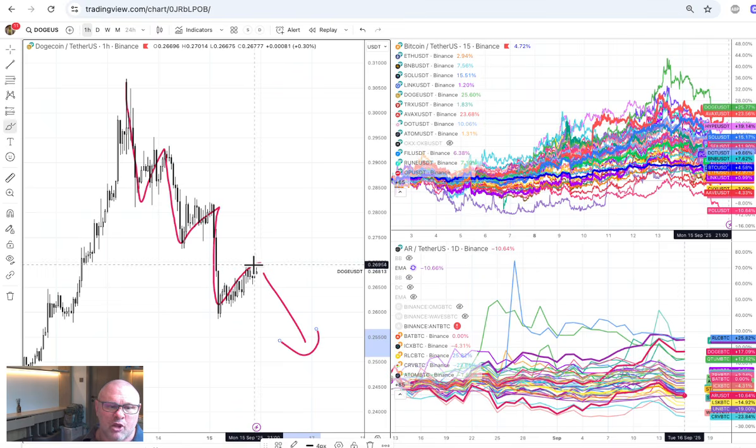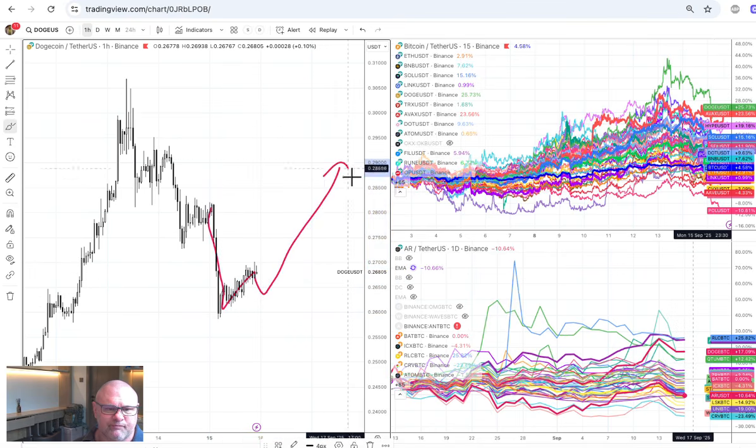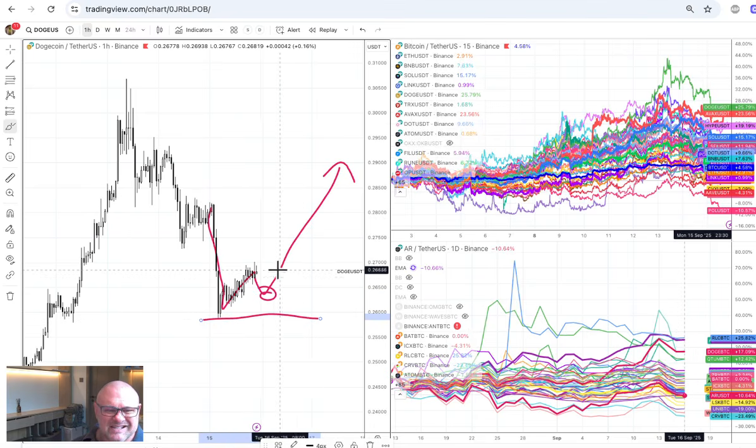Intraday. We wait for Doge to not get all the way down and for Doge to do this. We want Doge to make, first of all, a low that is not lower than here. The second thing that we want to see is it sort of start to turn up.